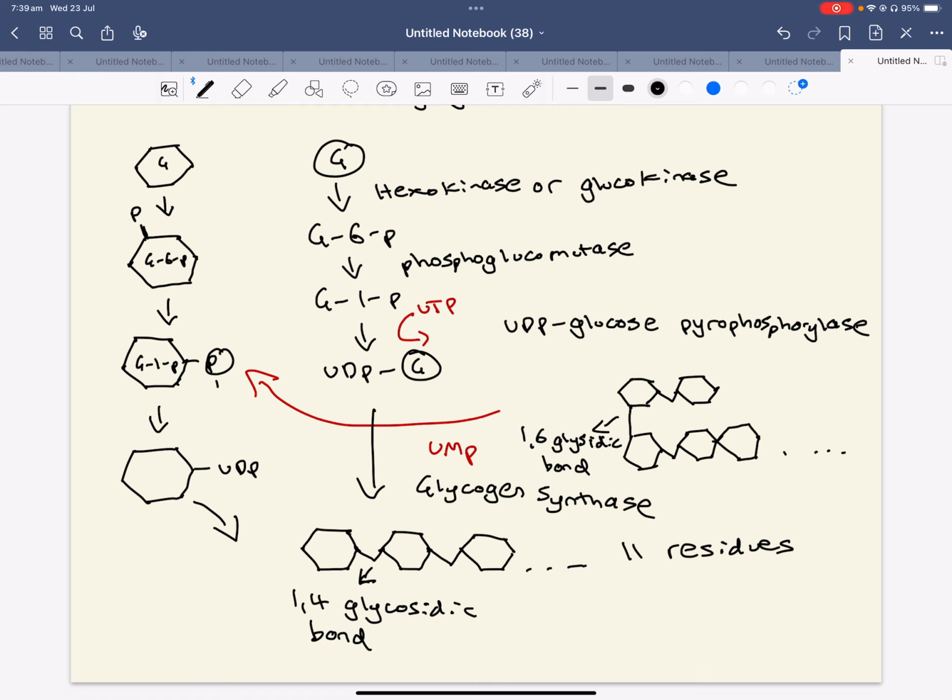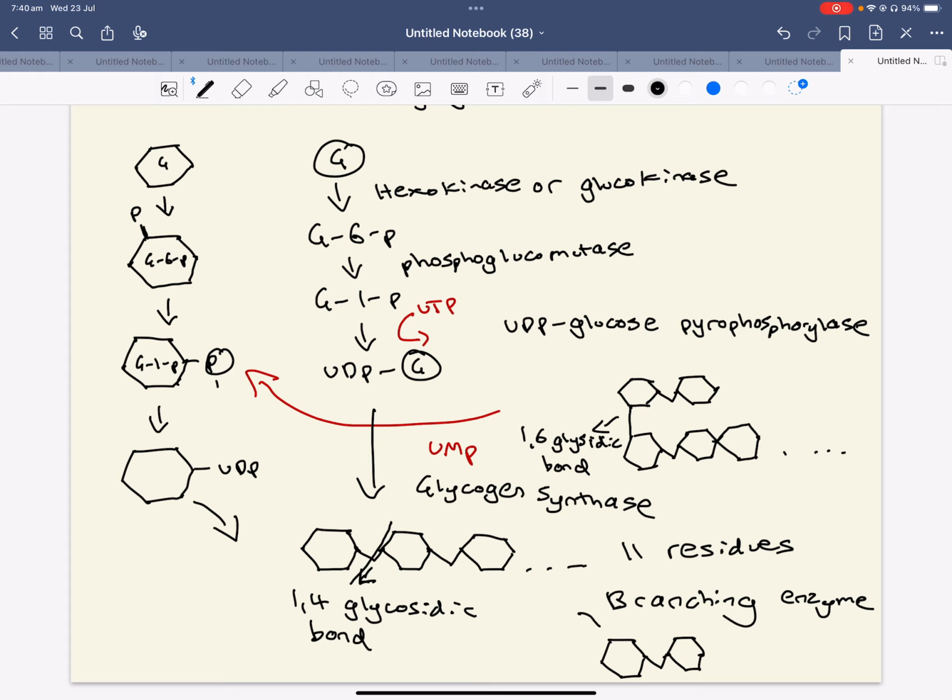Well, we've got another enzyme called the branching enzyme. Final enzyme. And what this branching enzyme does is it will cleave off, so it will break off bonds, and then it will add them.